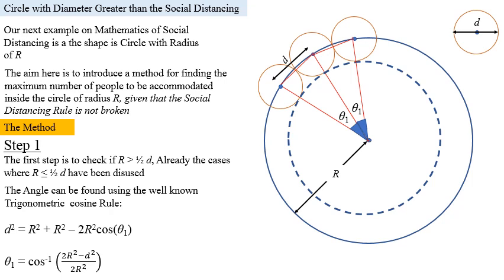This is a very basic fact of trigonometry, and I'm quite positive most people are familiar with it. d squared is equal to r squared plus r squared minus 2 times r times r times the cosine of the angle. Then the angle can be found through the inverse cosine using this little formula.